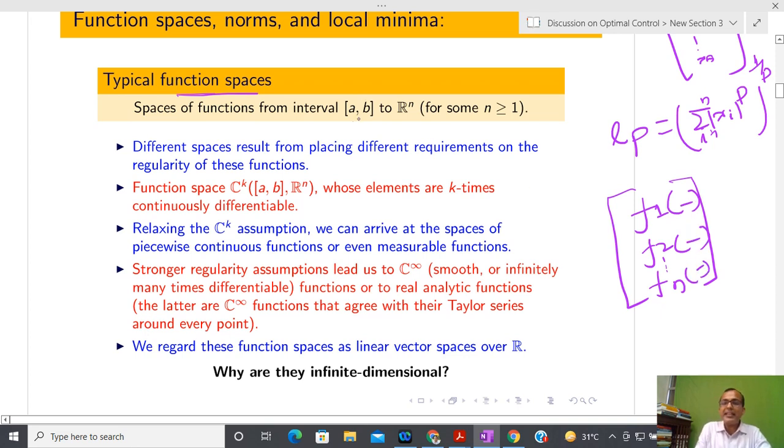So I am assuming that it is defined on this interval [a, b]. You can try to understand it like this: f_i(t), where t belongs to [a, b].